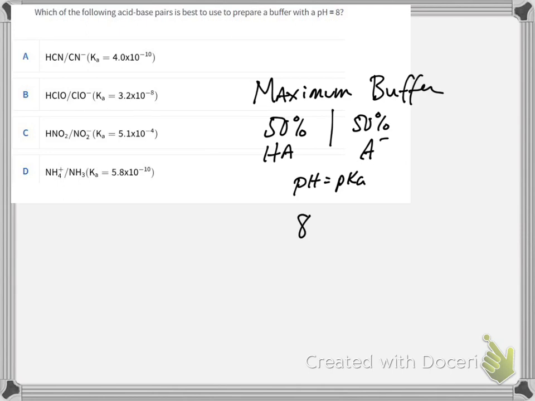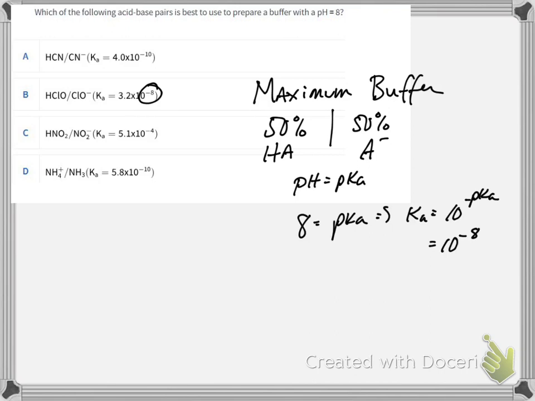But if it is 50% weak acid and 50% weak base, under those conditions, pH equals pKa. So what we're really looking for is which one of these systems has a pKa of 8 or a Ka of 10 to the minus 8. When we look at these systems, we see that ClO minus, HClO has this behavior.